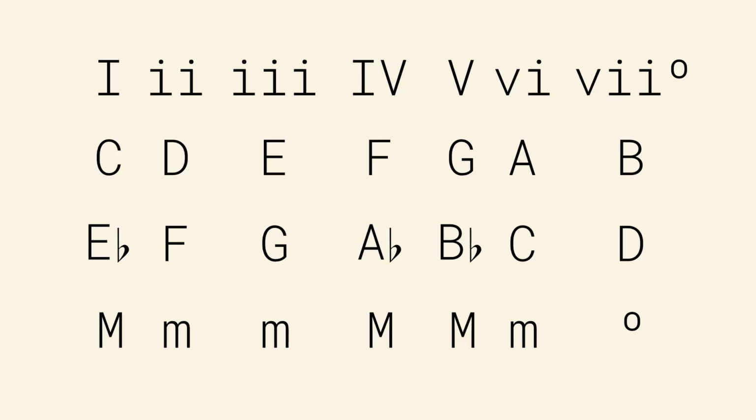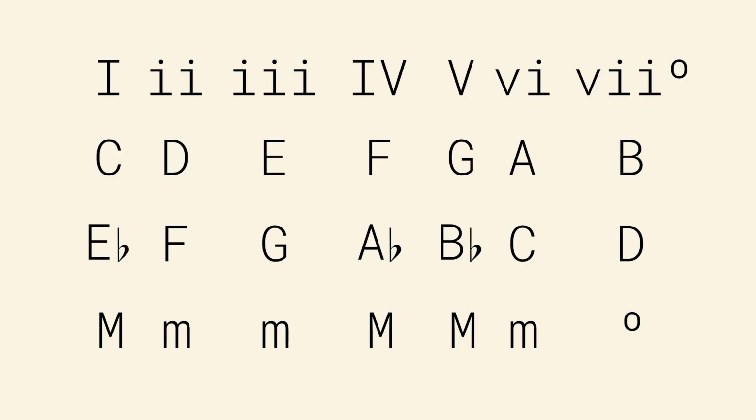So in the key of C, the scale is C, D, E, F, G, A, B, and then C, the octave. The chords are C major, D minor, E minor, F major, G major, A minor, B diminished.